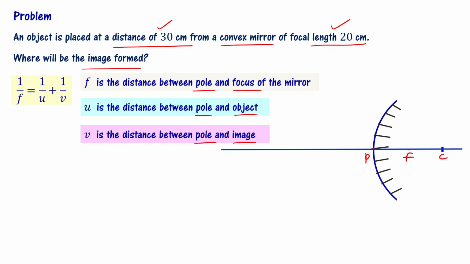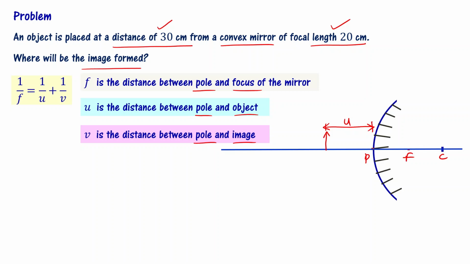Now we want to place an object 30 centimeters away from the mirror, right? So this is the distance between pole and the object, that is denoted using u, right? u is 30 centimeters.